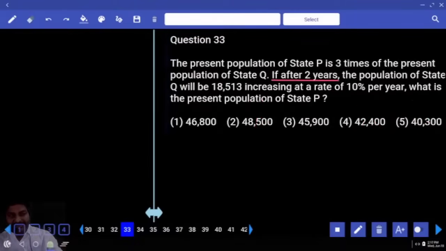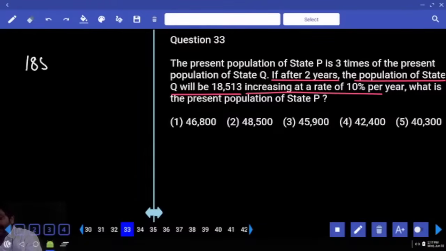After 2 years, the population of state Q will be increasing at the rate of 10% per annum. Is it a compound interest case or a simple interest case? At the rate of 10% per annum, for 2 years, the increment will be 21%, so the value will become 121%.